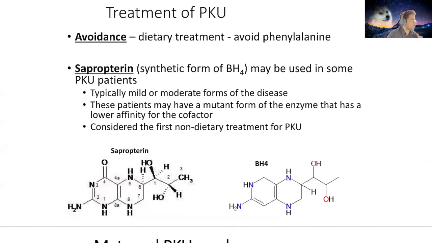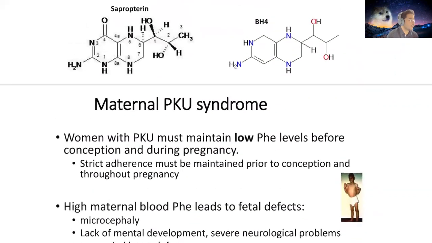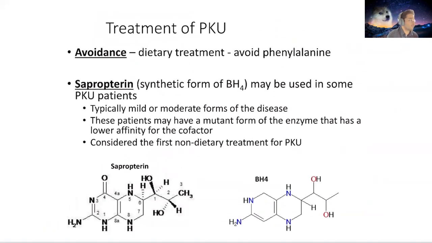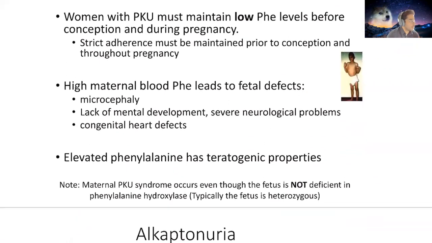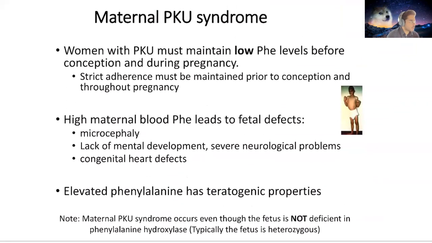Avoid phenylalanine. Sapropterin, which is a form of BH4, is really kind of a saving grace, but it can only work in mild to moderate cases, and it's not like a fail-safe kind of cure. You still have to make sure that they don't take phenylalanine in their diet for PKU. Okay. Low phenylalanine.